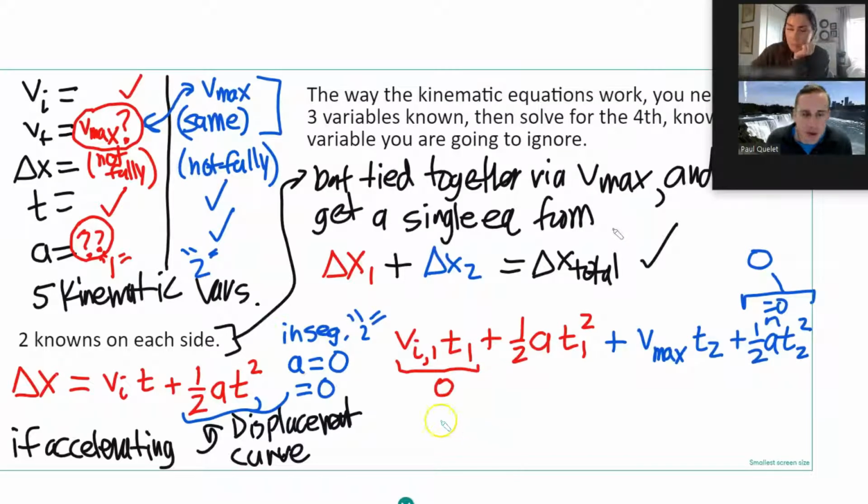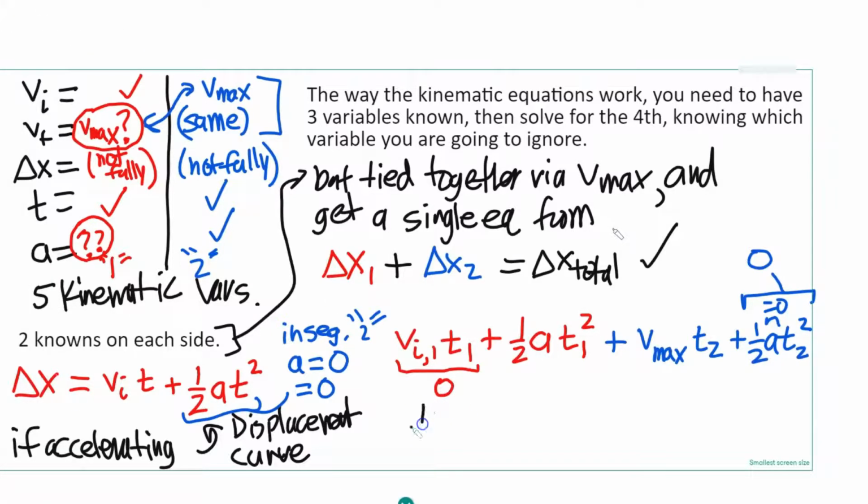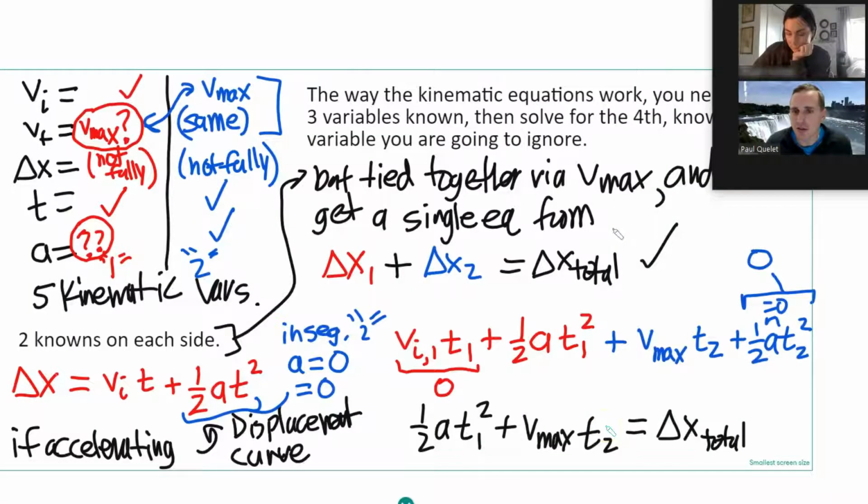So anyway, we should just be able to say 1/2 a t1 squared plus v max times t2 is equal to delta x total. Now think about that. That's not that difficult of an equation, right?